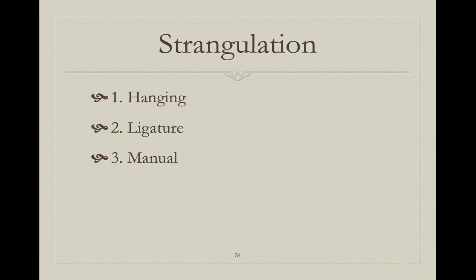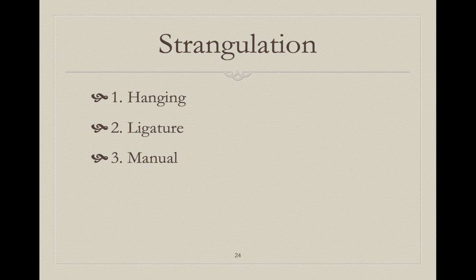Another type of trauma is strangulation. Strangulation can be caused by hanging. So this was a type of corporal punishment up until very recently, where you suspend the neck by a cord. Ligature is where you actually tighten something around the neck until someone strangles. And then the third is just manual strangulation, where you squeeze someone's neck with just your hands.